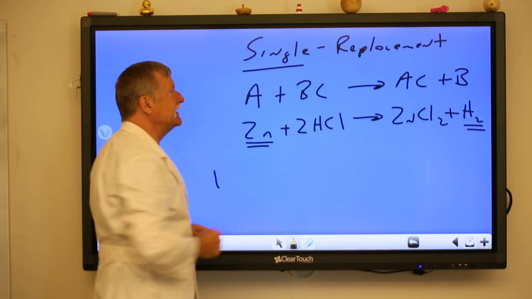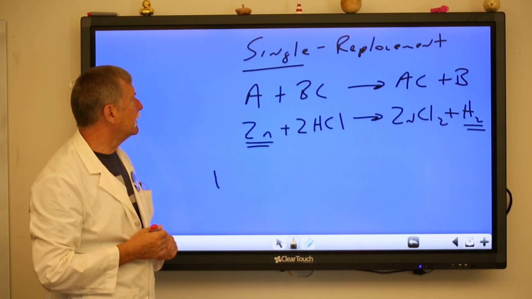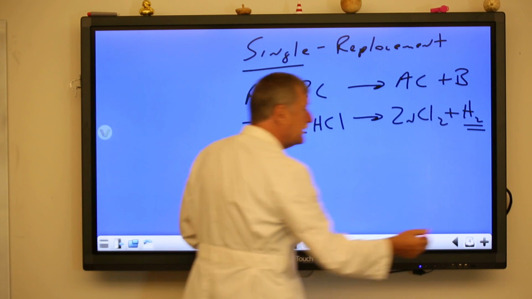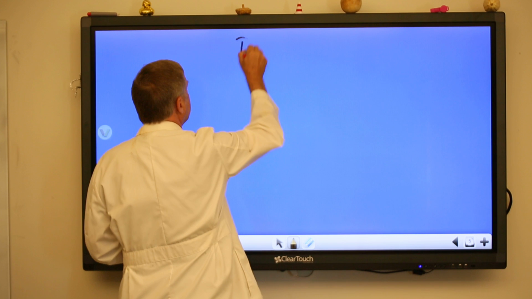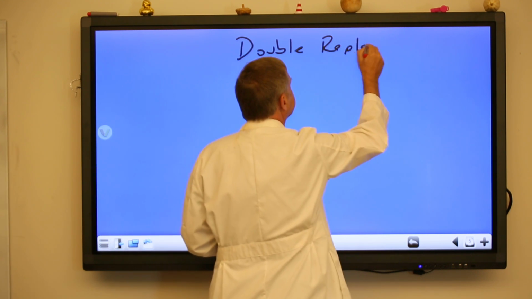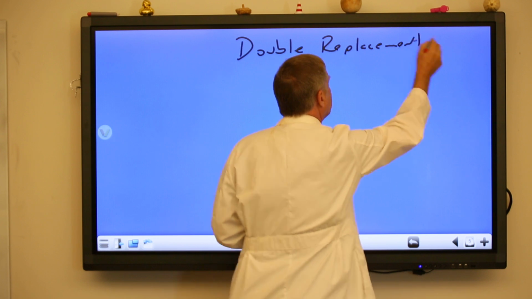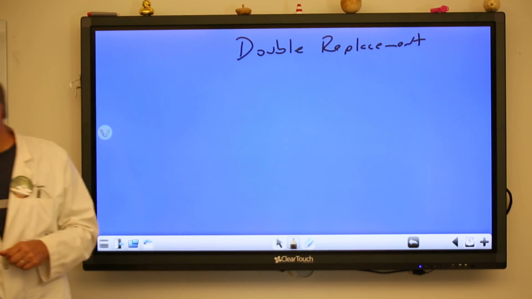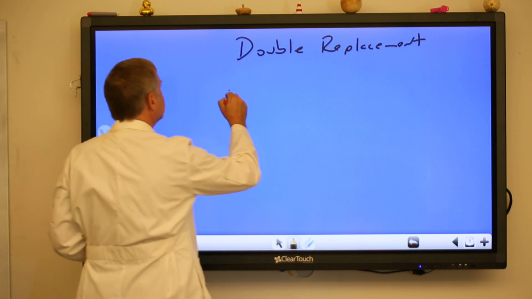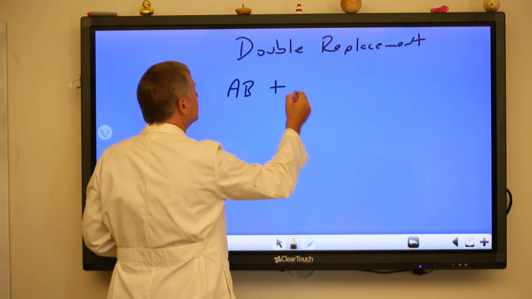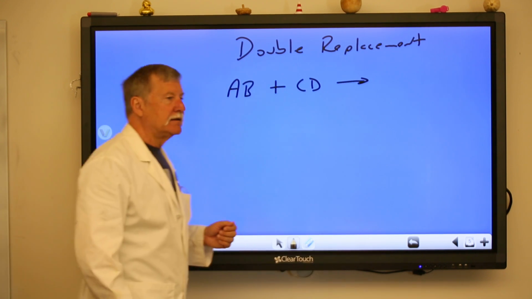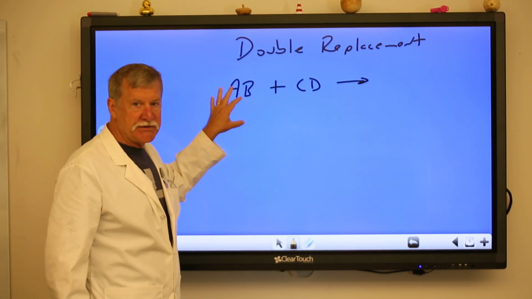Focus on the word single replacement, all right? Single replacement reaction. And the final one is called a double replacement. A double replacement reaction. And in that, we've got a compound plus another compound yielding, and now notice there's no single things here, all right?